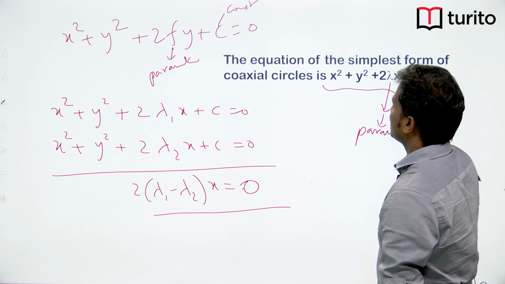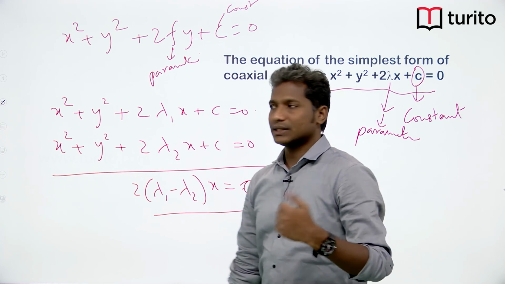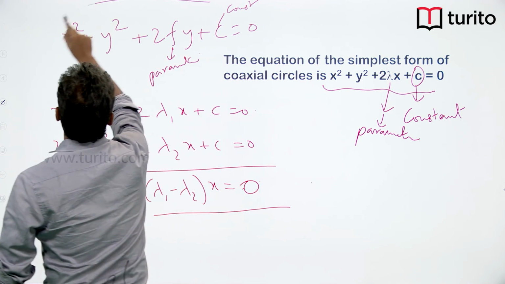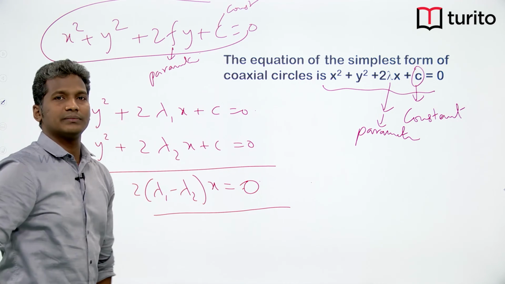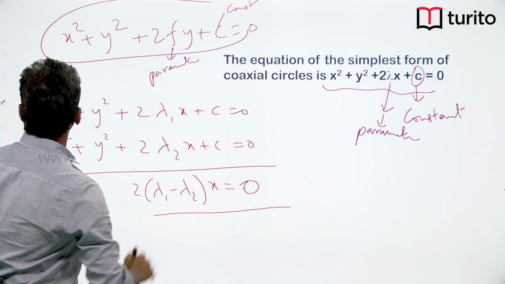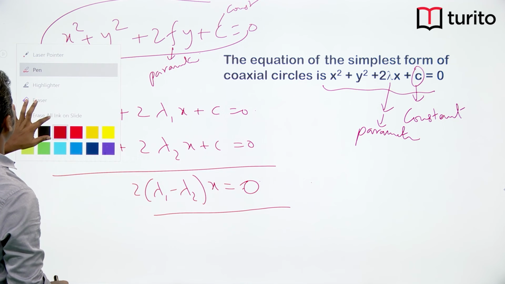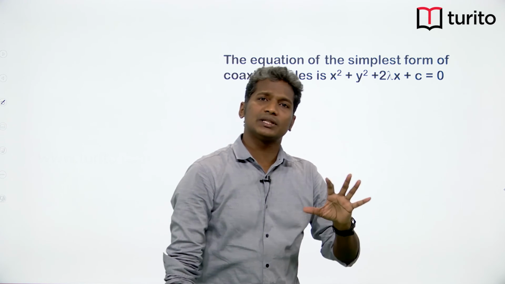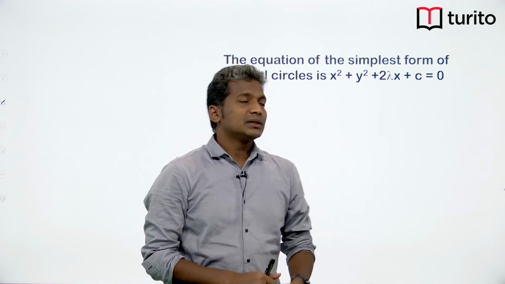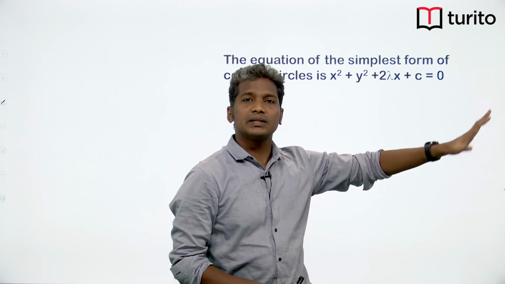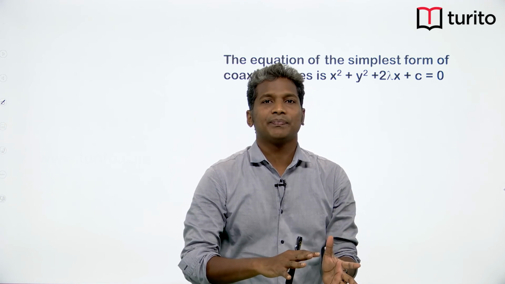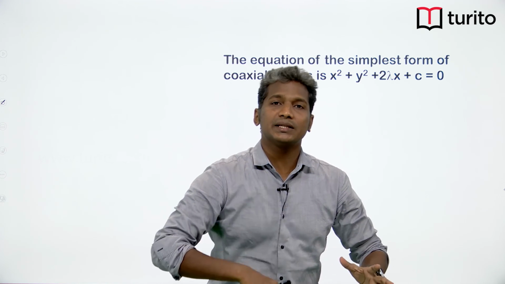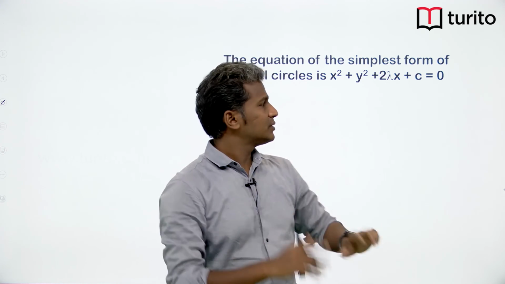For this family, the centers lie on x axis, and for this family, centers lie on y axis. So, now we can conclude in one single statement like this. This is the simplest form of coaxial system of circles, where centers of all these circles are on x axis and the radical axis is y axis. So, this is the system.